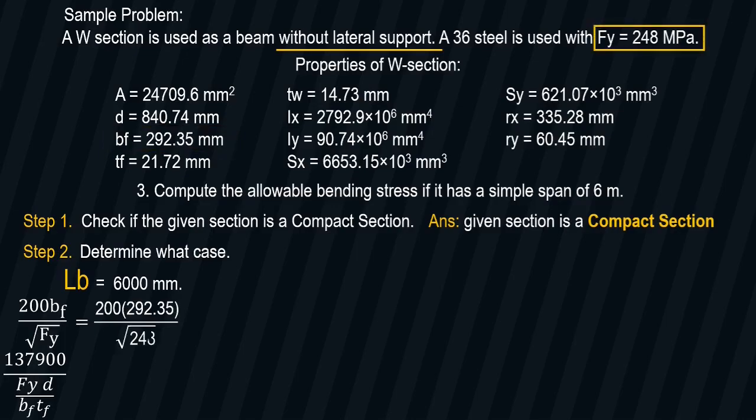Solving for the first one, we have 200 multiplied by bf, which is 292.35 mm, over the square root of Fy, which is equal to 248 megapascal. Then the result is 3,712.849 mm.